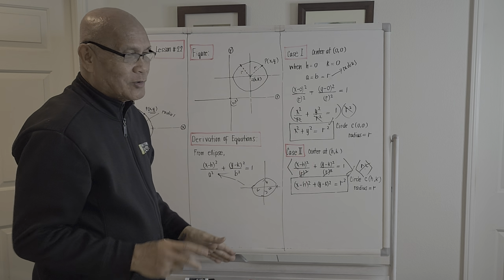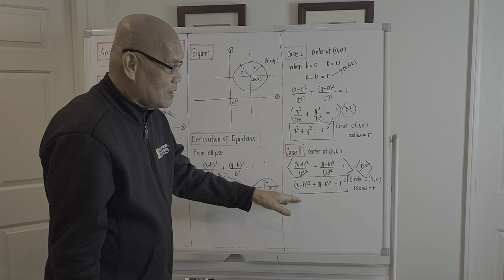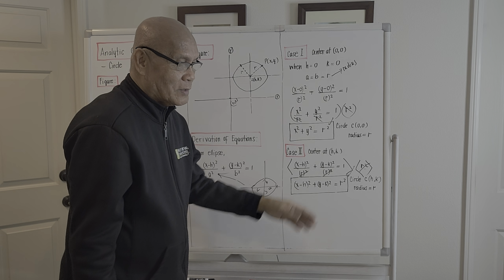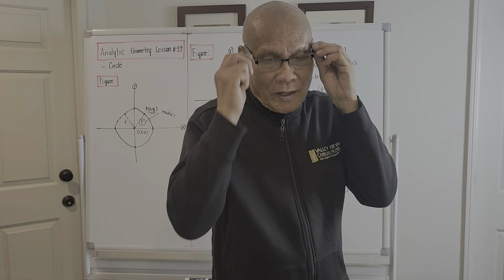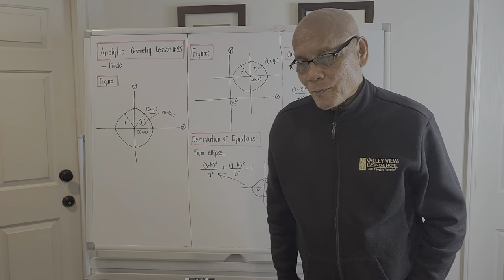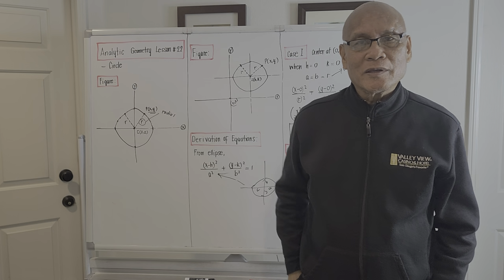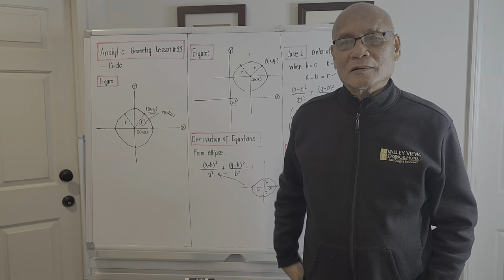The second one is the center at h, k. This will become x minus h quantity squared plus y minus k quantity squared equal to r squared. Okay, guys, we are done with the concept of the study of circles. So the next time around, I will be giving example problems on this concept of a circle.